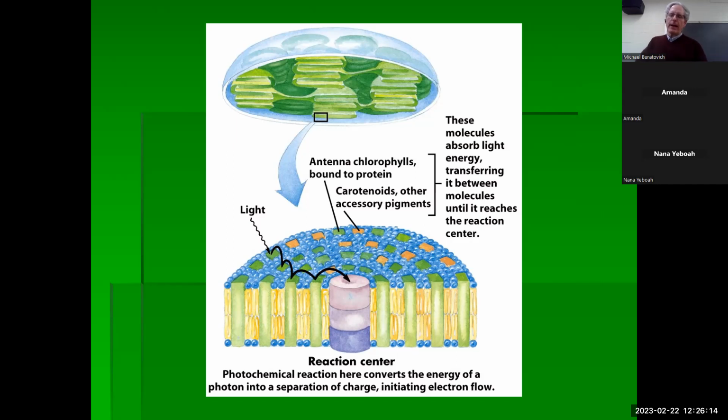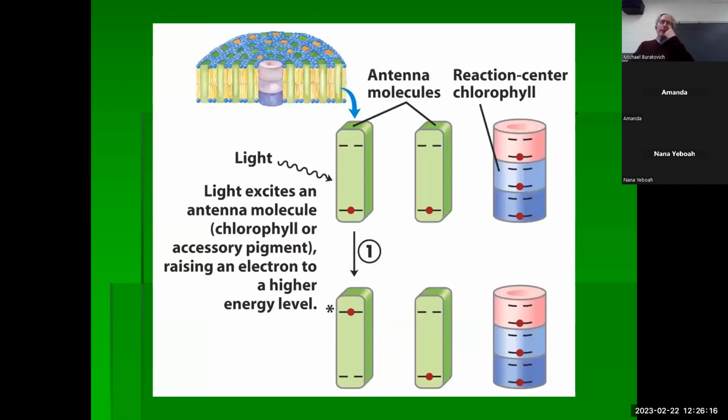Well, what do we have at the reaction center? At the reaction center, the electron goes into the higher energy level and then it leaves. The reason it leaves is that you have other molecules that can accept the electron.